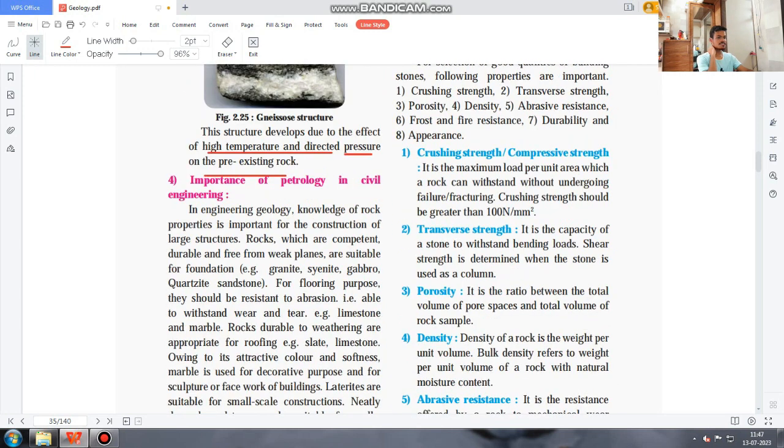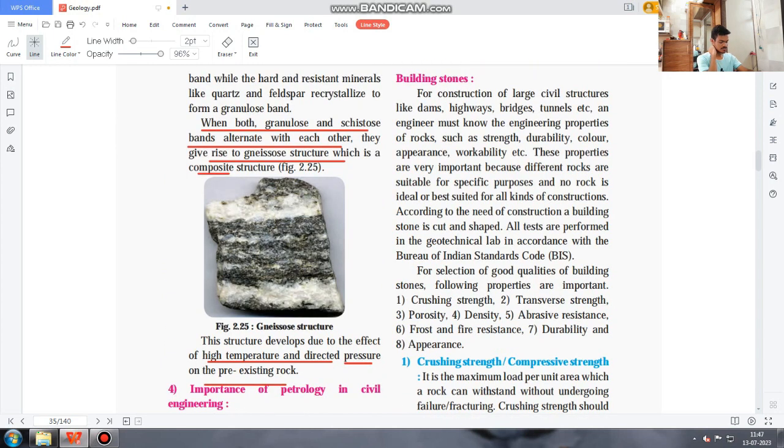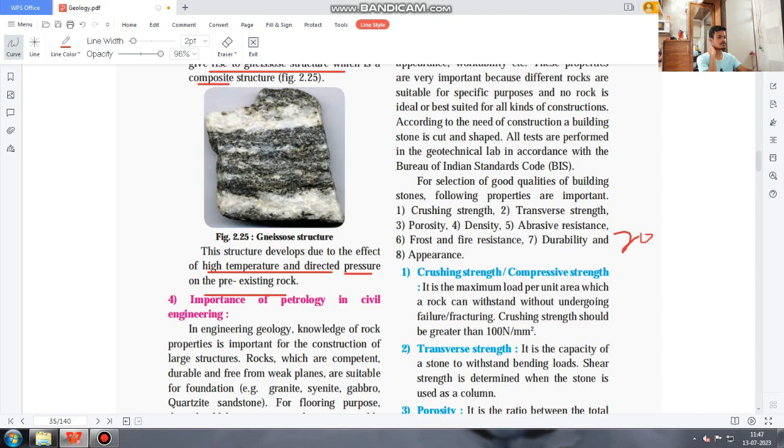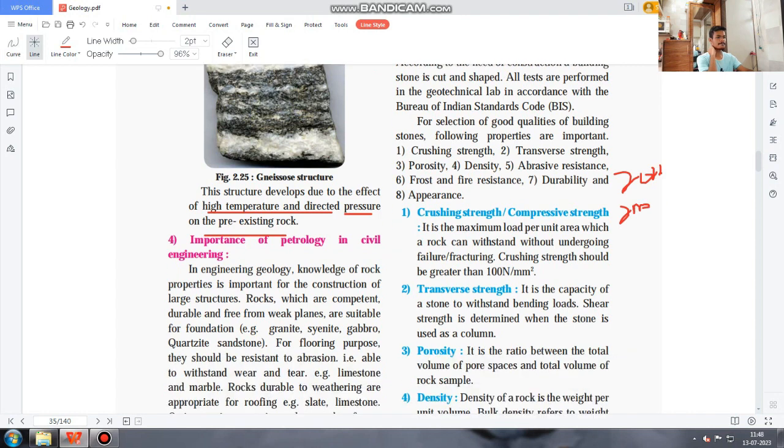Next, we move on to building stones. This is also another question which had come in 2022, for 2 marks. Crushing strength. These are all the characteristic features.